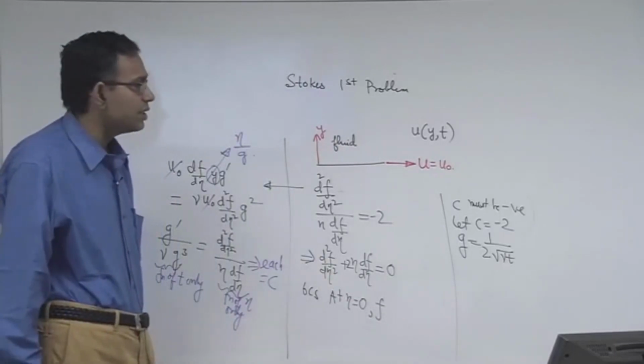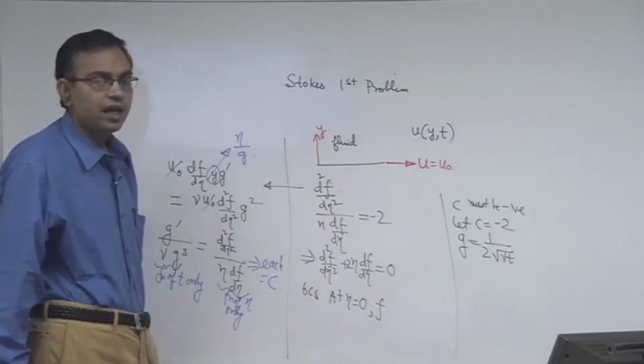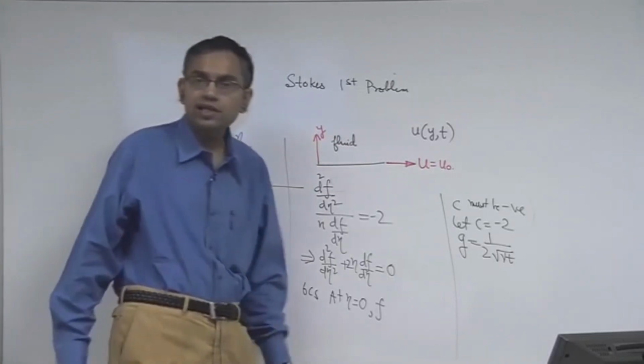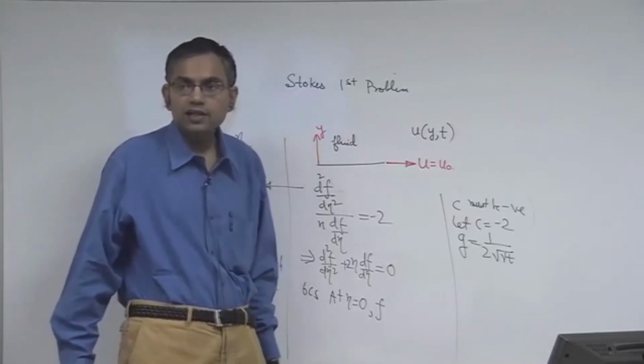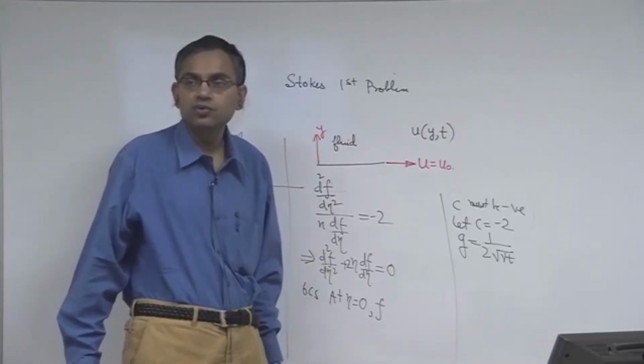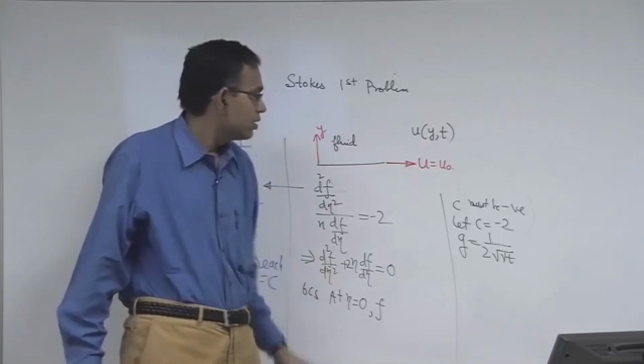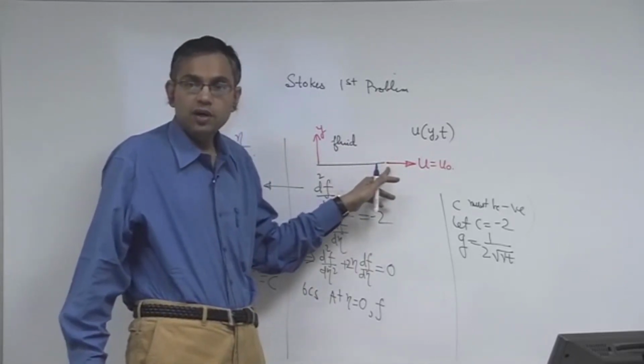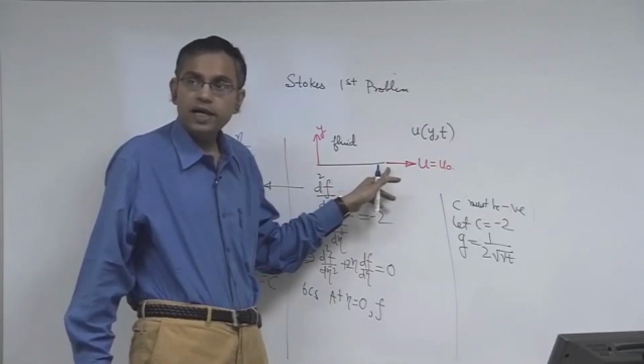What is the definition of F? Definition of F is U by U0, right? U by U0 is F. So, at eta is equal to 0, what is U? U is U0, no slip boundary condition, right? You have to be careful. Here the plate itself is moving.